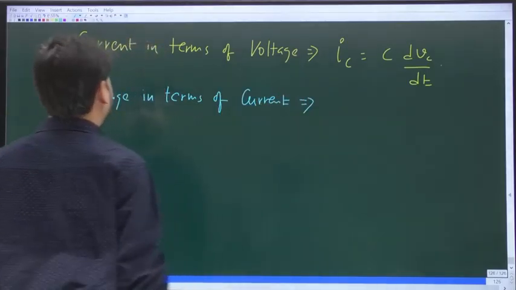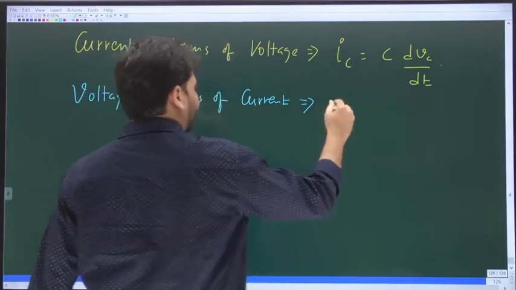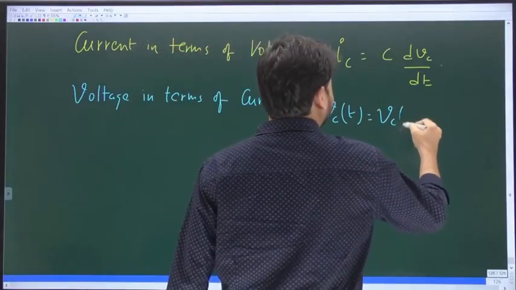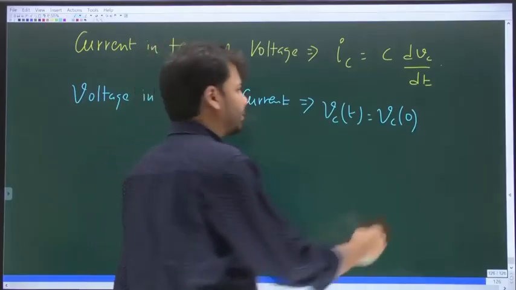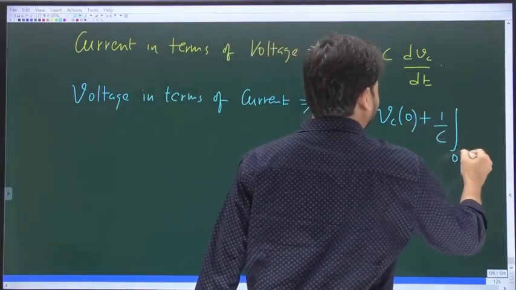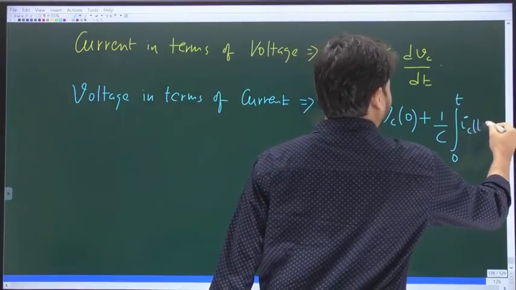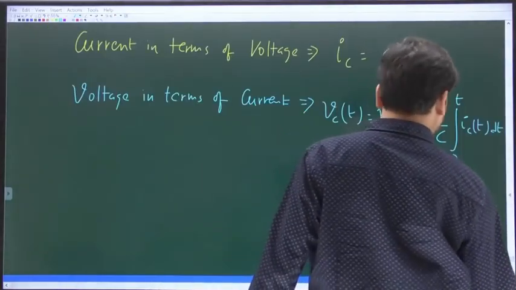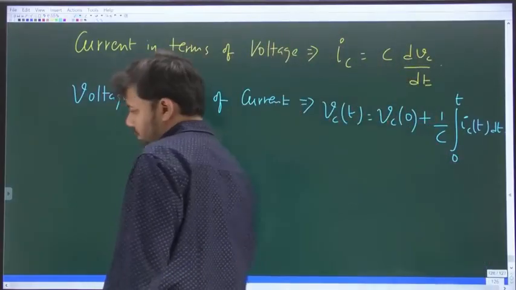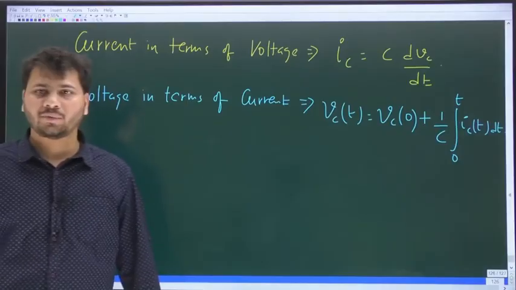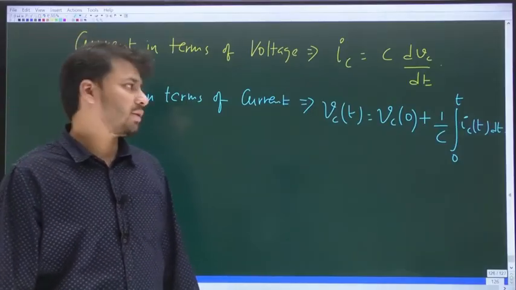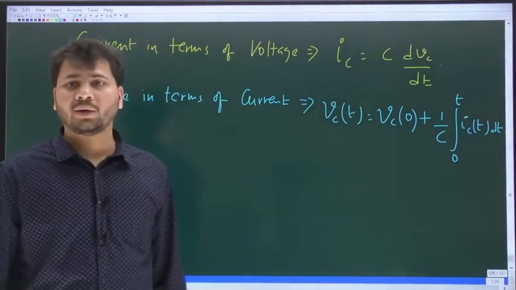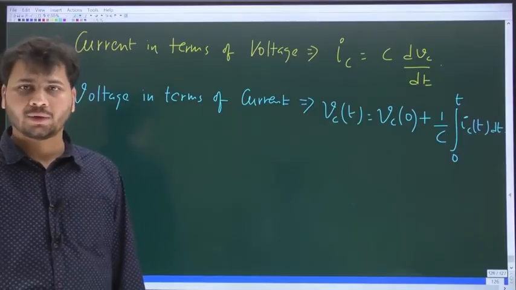Just now we obtained Vc of t equal to the initial voltage across the cap, Vc of 0, plus 1 by c integral 0 to t Ic of t dt. First is current in terms of voltage. Second one is voltage in terms of current. Vc of t is Vc of 0 plus 1 by c integral 0 to t Ic of t dt. Understood?